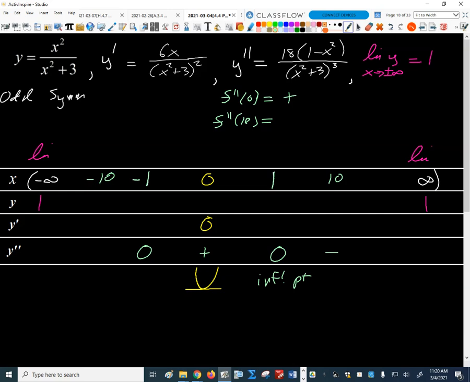Can you tell me what am I going to get there? Negative or positive? Well, obviously it's going to be negative, isn't it, if I plug it in? How could I have known that without even having to plug a point in at negative 10? On the top, you mean, right?